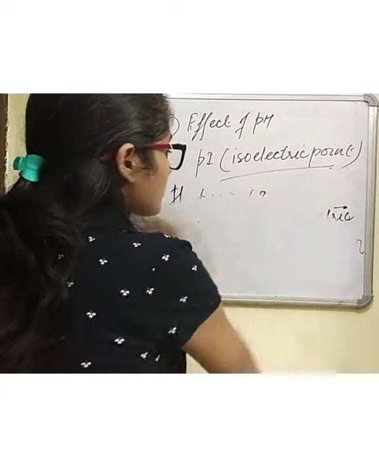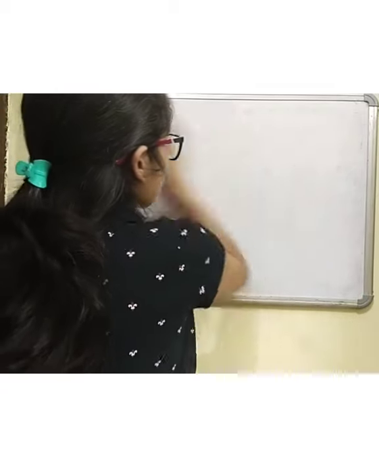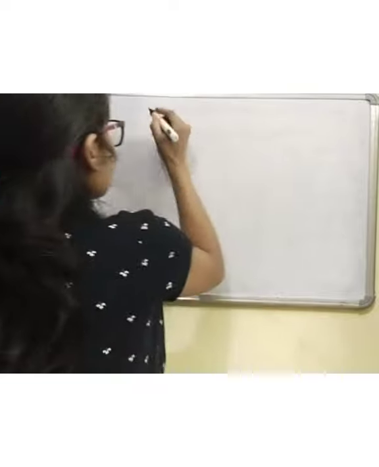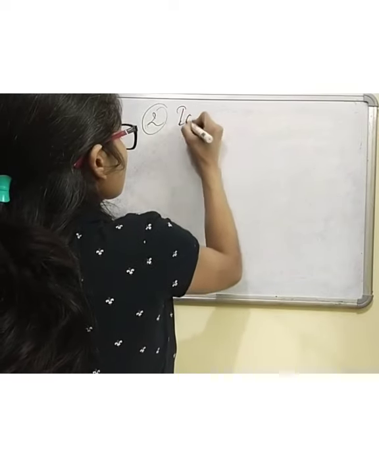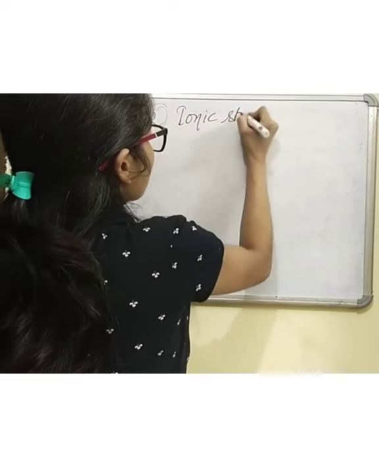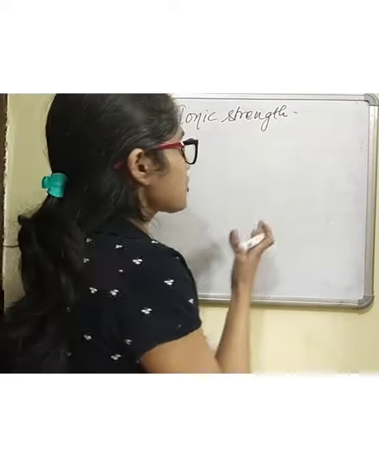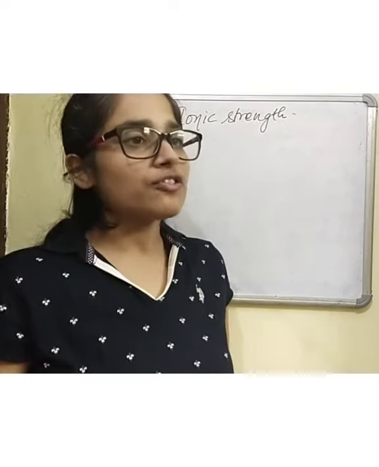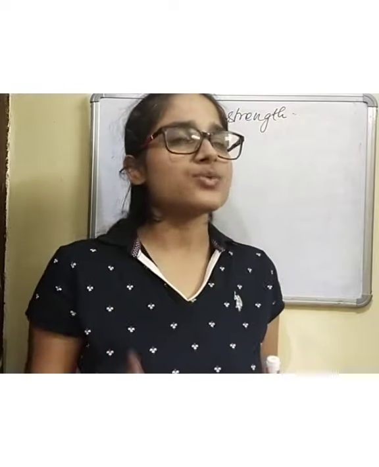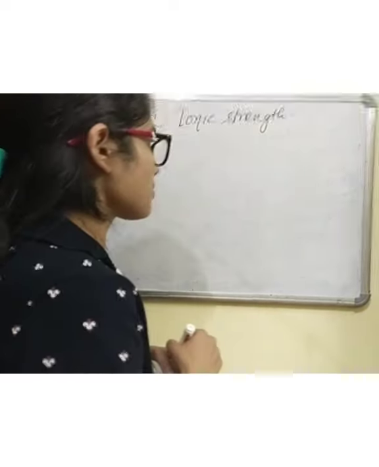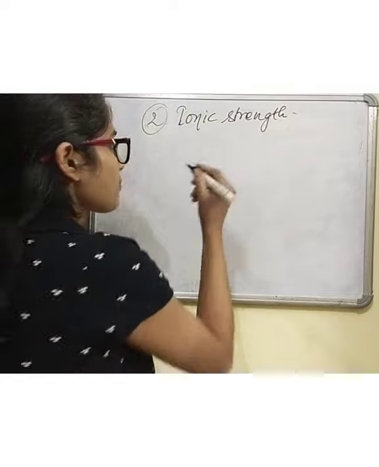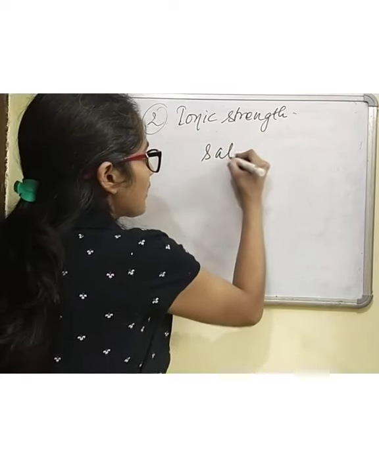The next point we'll discuss, which affects the solubility, the second point, is the ionic strength. So what is the effect of ionic strength on the solubility of the protein molecules? The solubility of the protein molecules at low ionic strength generally increases with increasing salt concentration. This process is known as salting in.